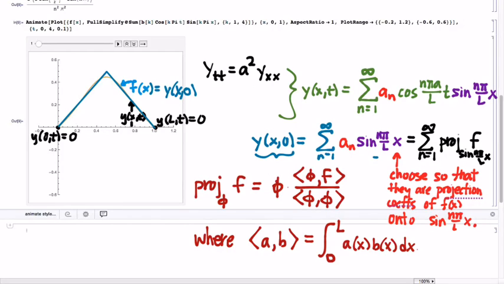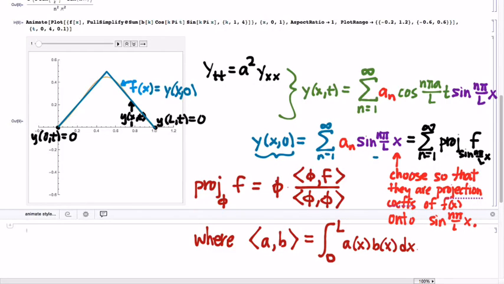So when we finish today, what we would like is to have a formula that tells us the identity of these a sub n's, that tells us how to compute them. Because all we have to do is know how to compute them, and then they are going to piece together for us a solution for the whole initial and boundary value problem.